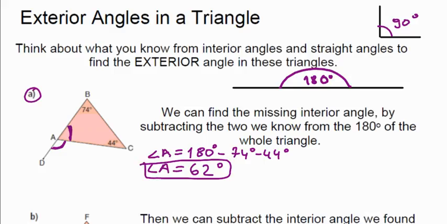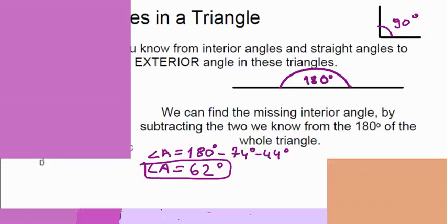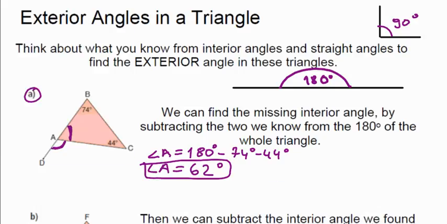Now, remember what I said about a straight line. I'm going to use a red one. I'm looking at this straight line here, just focusing on that part. And what I said earlier is that if I have a straight line, this angle from one side to the other is 180 degrees.